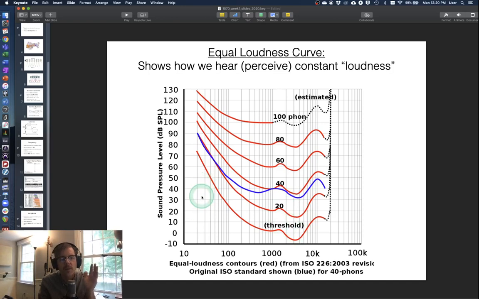The lower frequencies may need more help to make an equal mix, but our higher frequencies are already intense to the human brain, so we don't need to give them more help. So this equal loudness curve helps us understand what is already intense in terms of what our brains perceive.